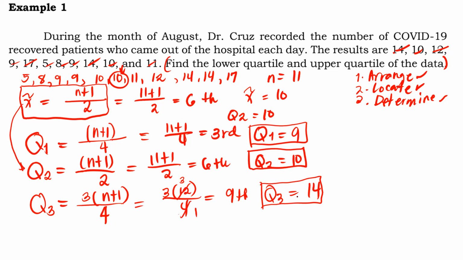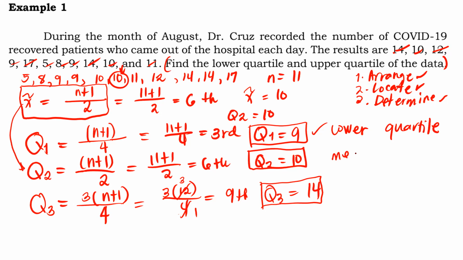So that's how easy it is. It's like the median: arrange the data, locate where it is, and determine it. Then you already have the quartile. Okay? So we have the first quartile, the lower quartile.